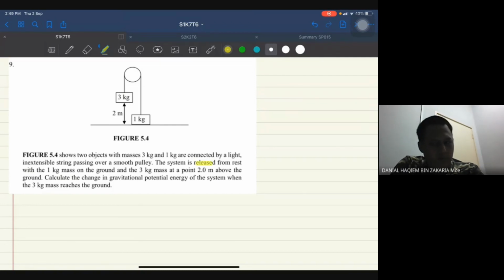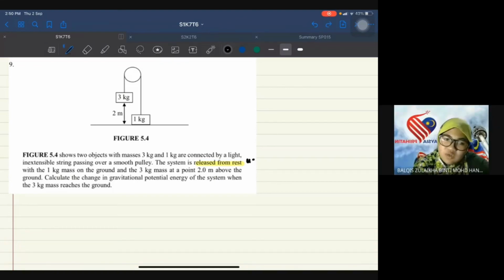Okay, released from rest, so initially velocity is equal to berapa? 0. Yes. Okay, 2 meter above the ground. Calculate the change in gravitational potential energy of the system when the 3 kg mass reaches the ground.